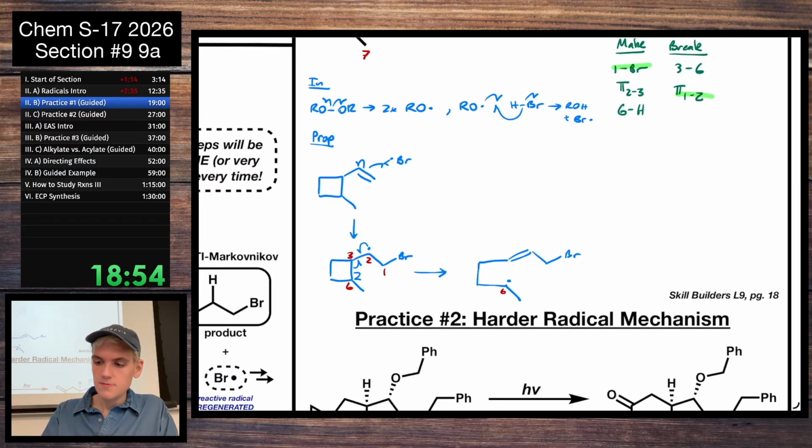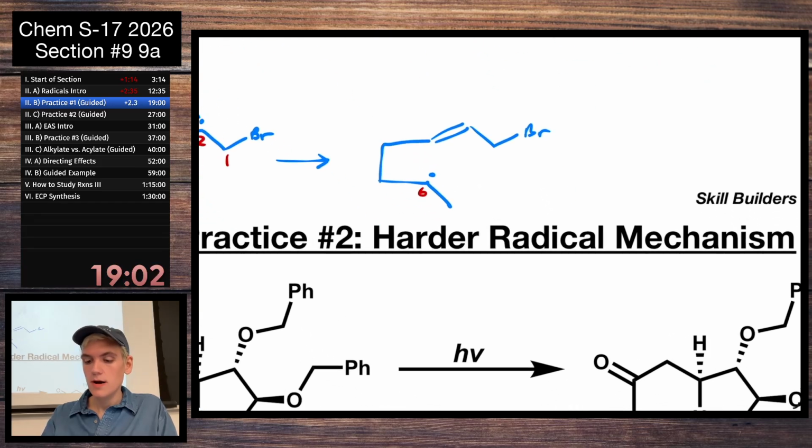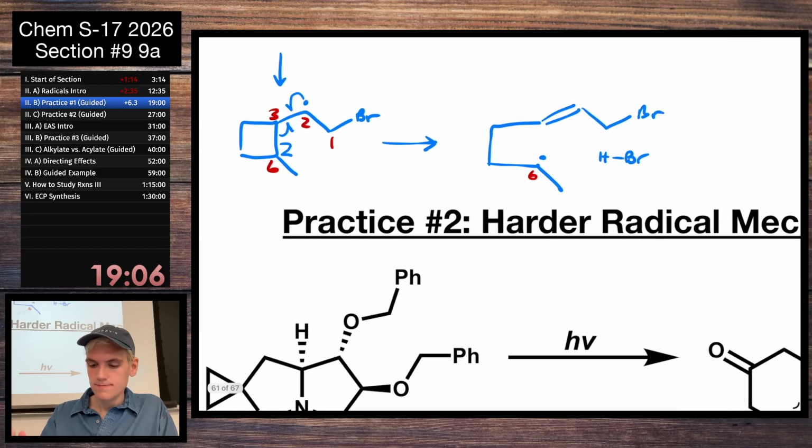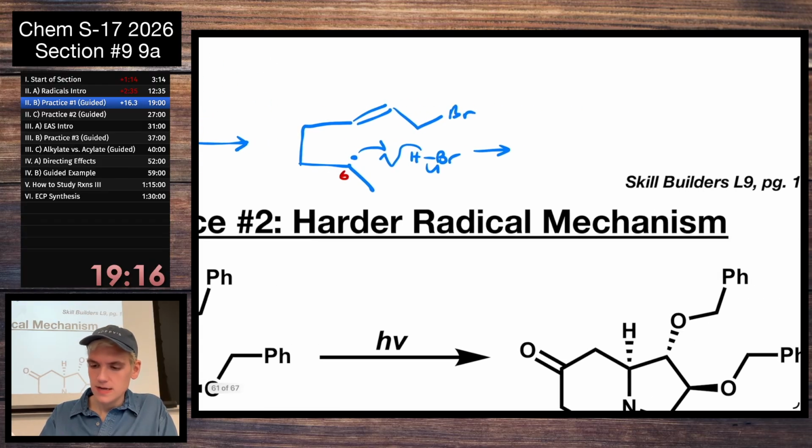So now, at this point, we've done all of our goals except for adding the H on 6. So I'm going to bring in my HBr. Boop. And I'm going to finish it out, getting our product, and generate another Br dot.